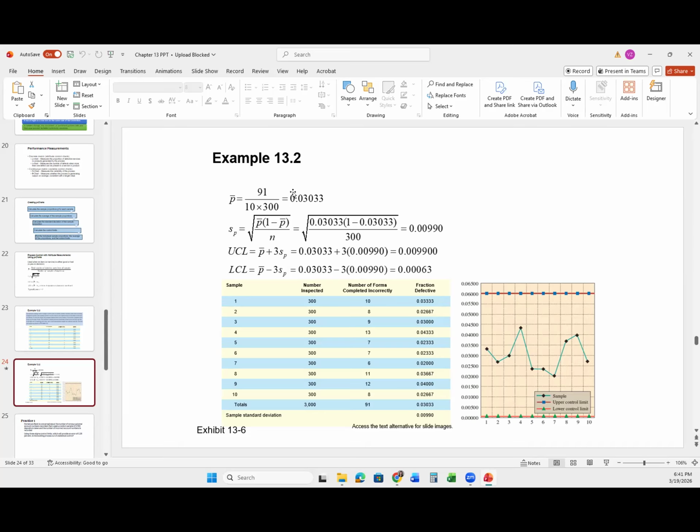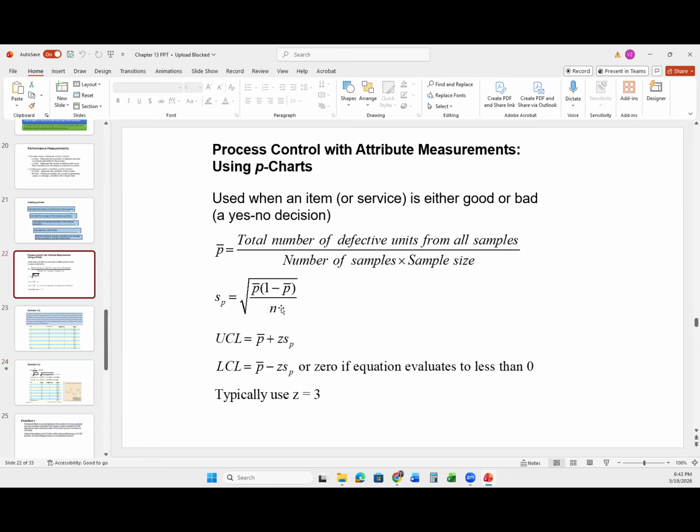And we use what we got for p-bar and the sample size of 300 to get SP. Once you have SP, you will be able to find the upper limit and the lower limit. The upper limit equals p-bar plus 3 times SP. Be careful here. In general, we use Z, which represents the confidence level, meaning the standard deviation confidence level.